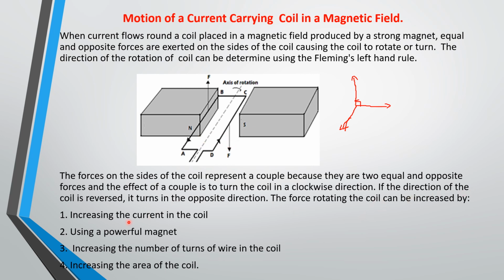If the direction of the current that is flowing into the coil is reversed, then the coil will rotate in the opposite direction.